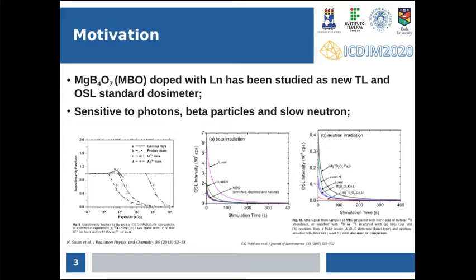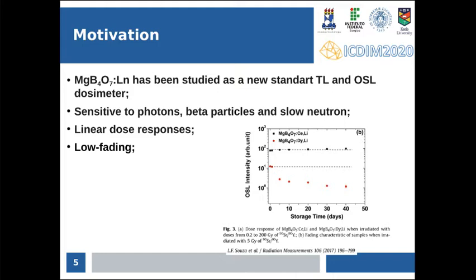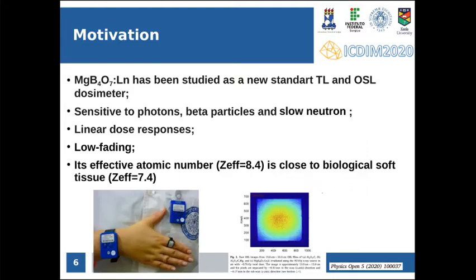This material also has a linear dose response in a range ideal for personal dosimetry and clinical applications. It also presents low fading for personal dosimetry and has an effective atomic number close to biological soft tissue.